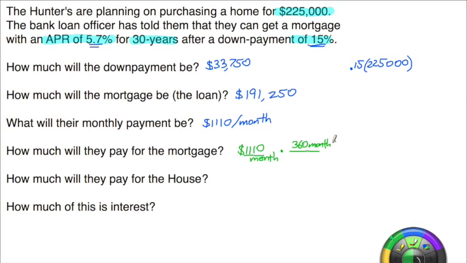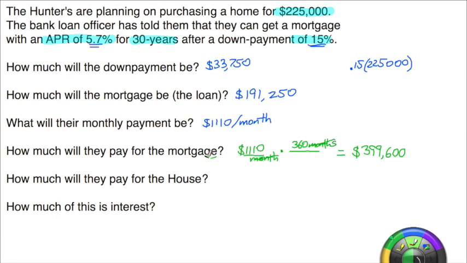So what's going to go away, of course, is the months. So we're left with those two multiplied together. So 1110 times 360. So just for the mortgage now, not the cost of the house, it's going to cost $399,600. Almost $400,000. Alright, and that's only to cover under a $200,000 mortgage.